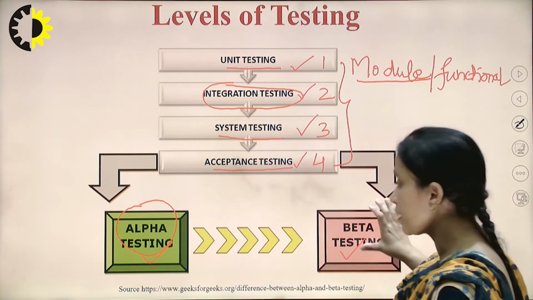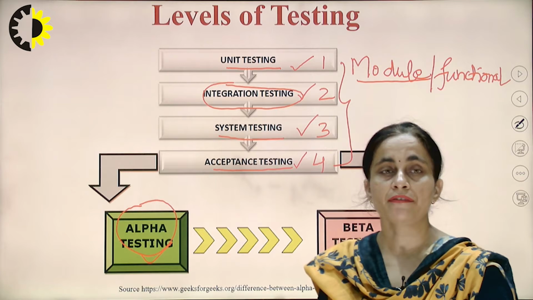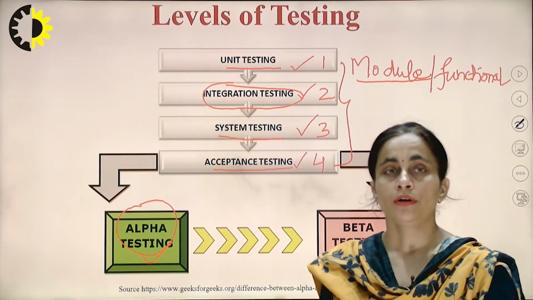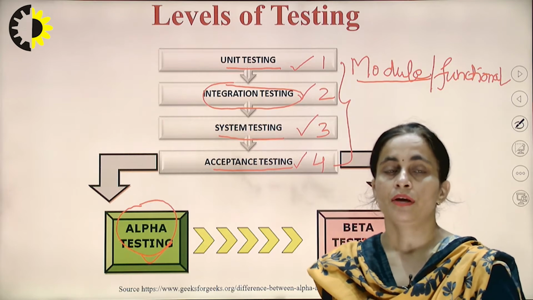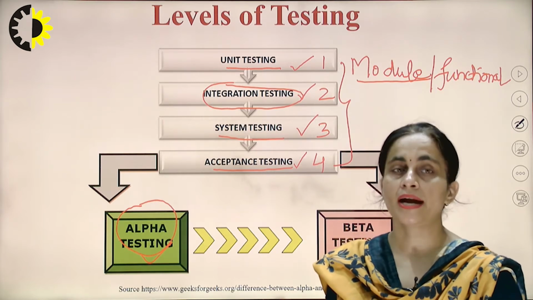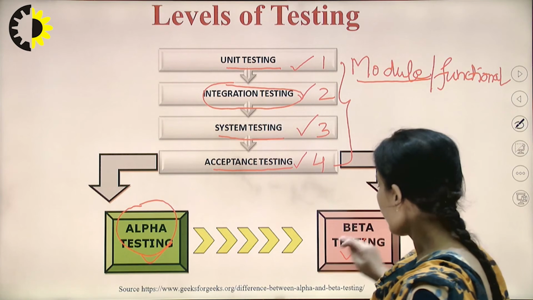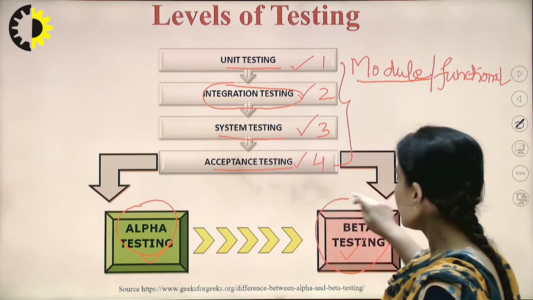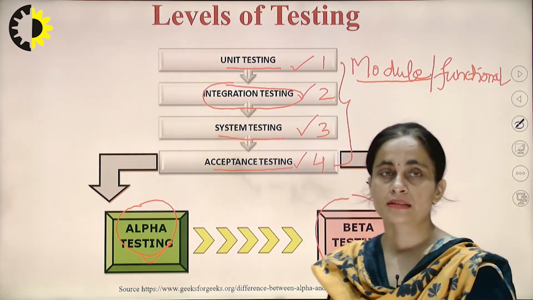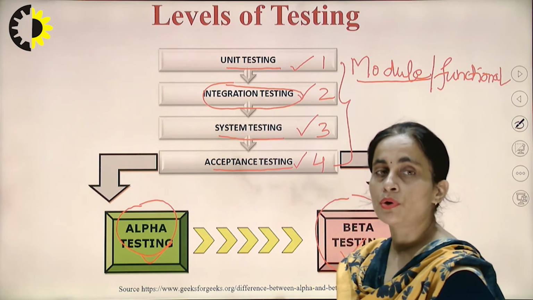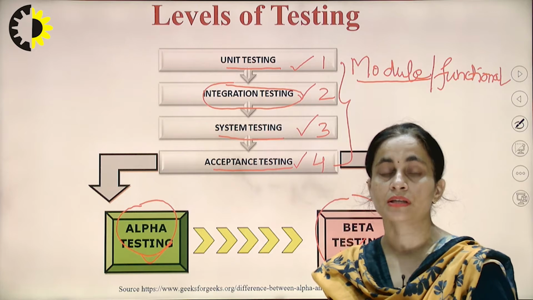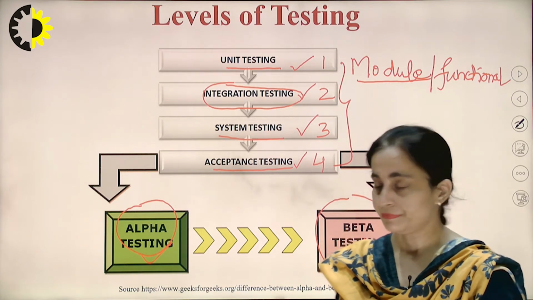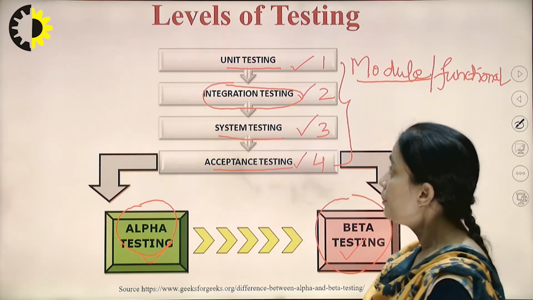And for beta testing, suppose we have given our module to the customer, the user who is going to use it, and give us feedback. When we do that, it is known as beta testing. It lets us learn how some portion of the users are giving feedback.